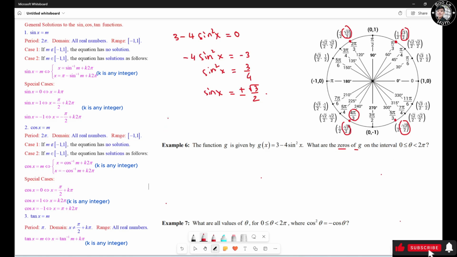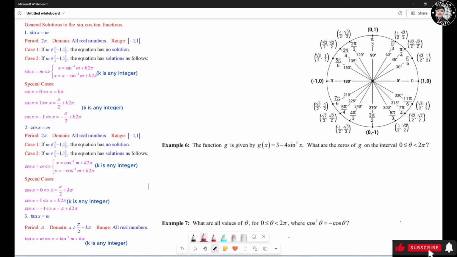So you have 4 values: s equals pi over 3, 2 pi over 3, 4 pi over 3, 5 pi over 3. And that's it, because you have to restrict the domain to 0 to 2 pi.